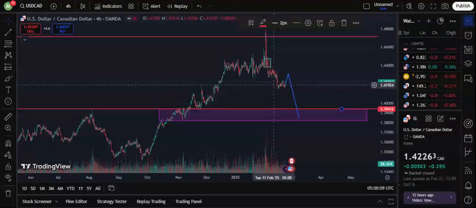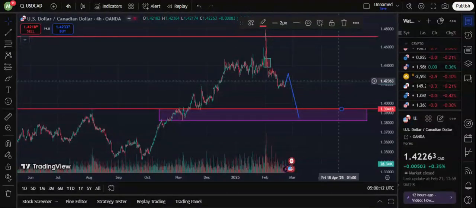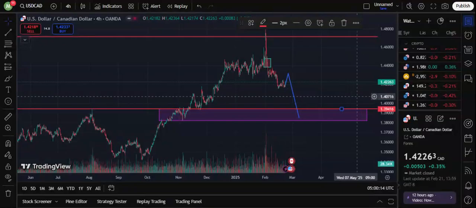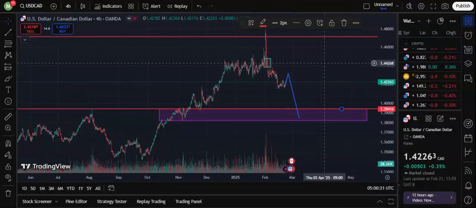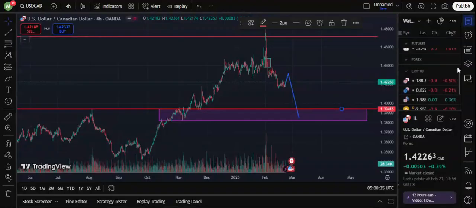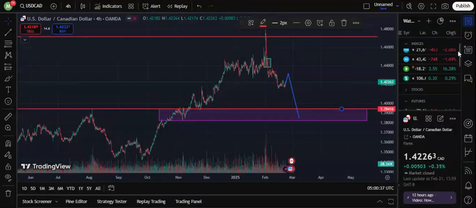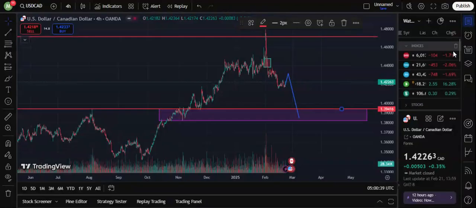So that is our take on USD Canadian dollar. And if we can go to some other pairs, maybe the SP 500, there is no confirmation yet. Yes, some rejection. So let's look at SP 500.